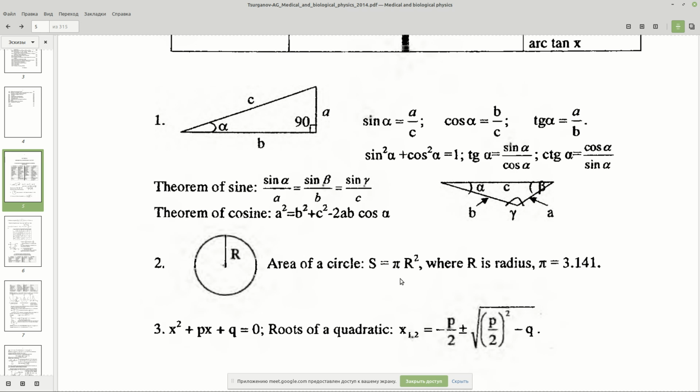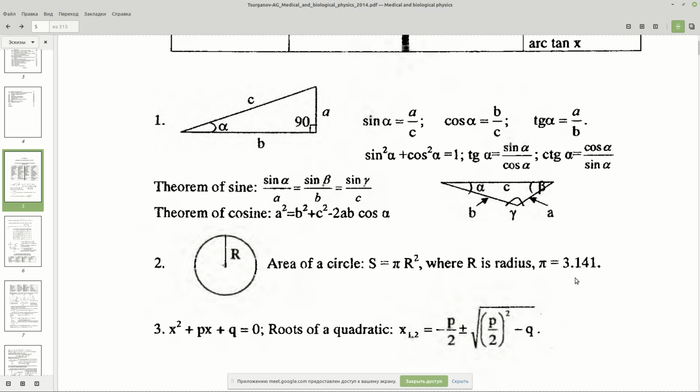We just take some part of this very big set of numbers, and we make pi equal to 3.14.